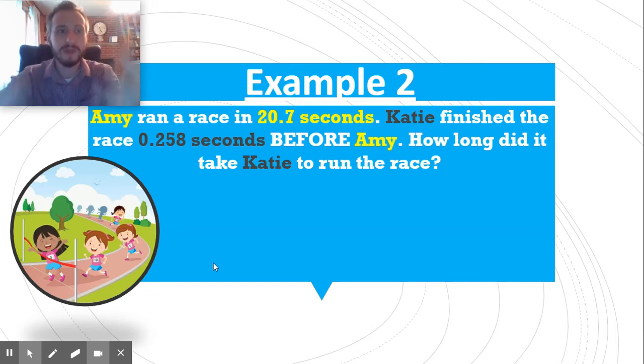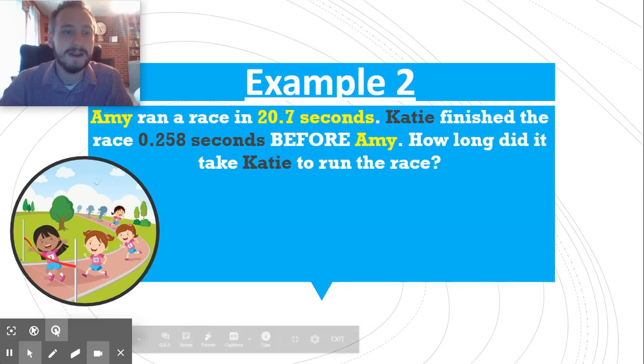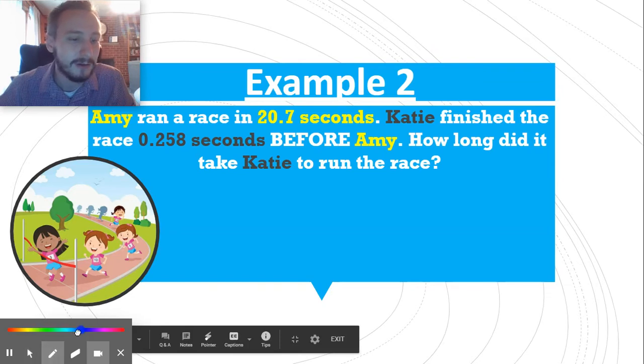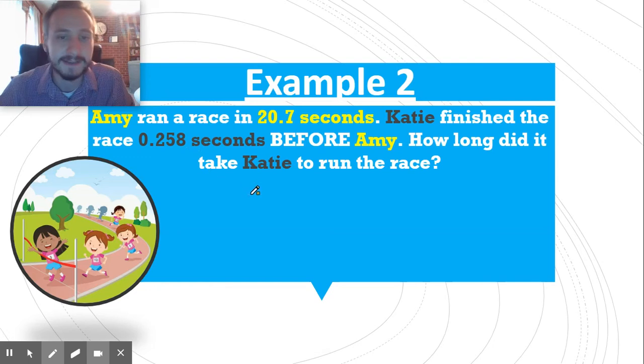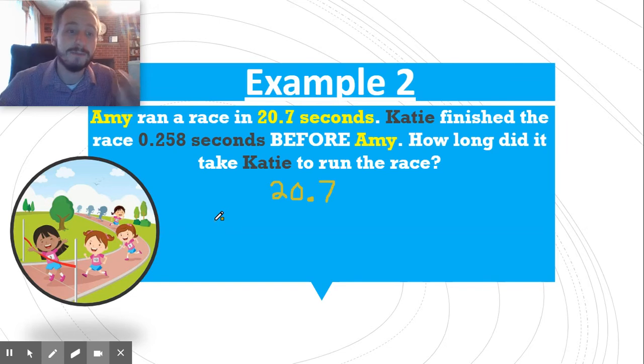Okay, so let's pull out the information that's important. Amy's time was 20.7 seconds, so let's write that down: 20.7 seconds. And Katie finished 0.258 seconds before Amy did. So again, Katie has a lower time than Amy because she finished before her.